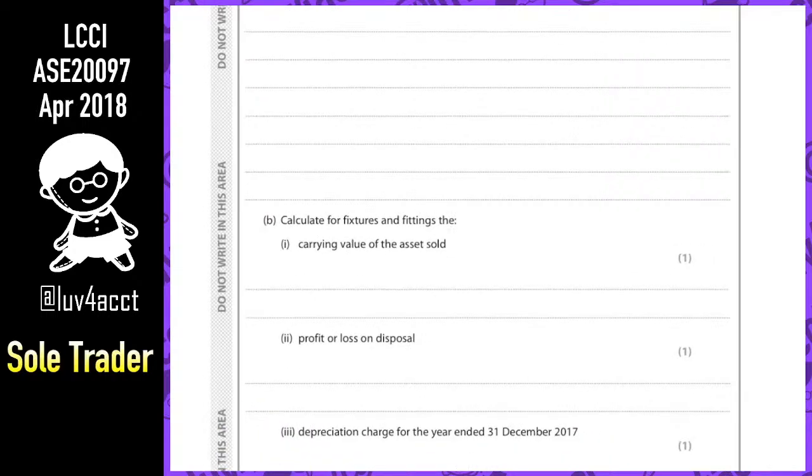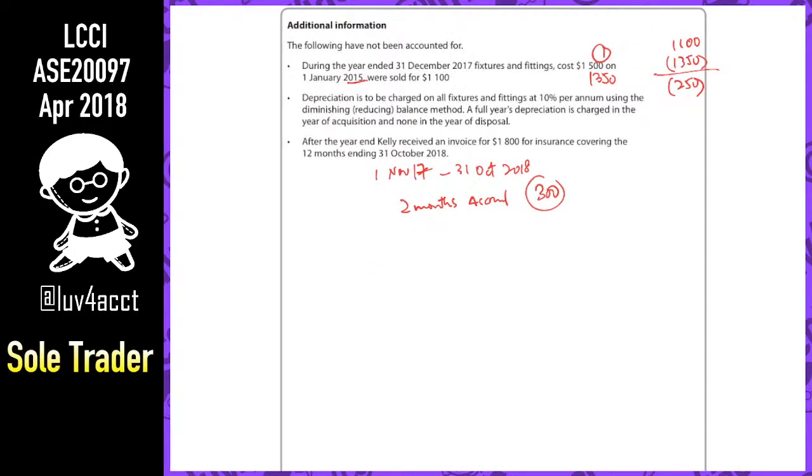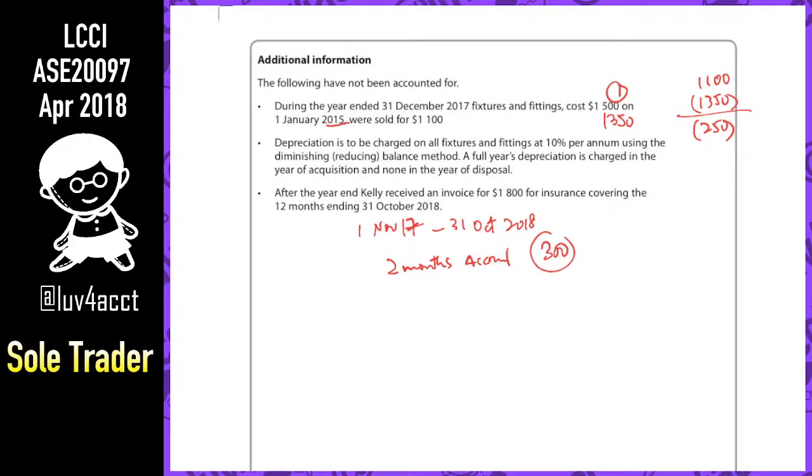Okay, calculate the carrying value of the asset sold. We have already calculated 1500 multiplied by 1 minus 10%, reducing balance method, 1350. Let me check again. None in the year of disposal. Ah, that is 2 years, not 1 year. Let us recalculate. Year 2015 for the first year, and then year 2016 for the second year, and then it is sold in year 2017.